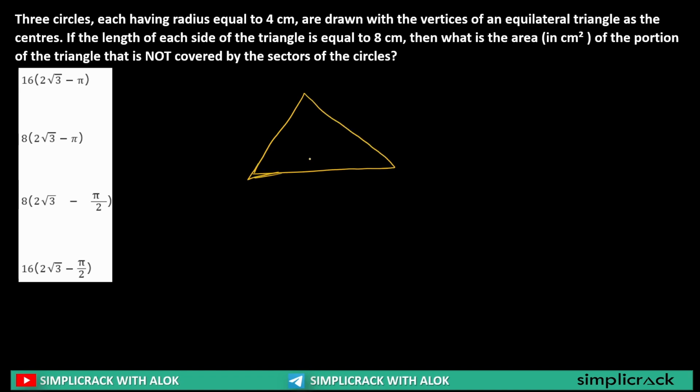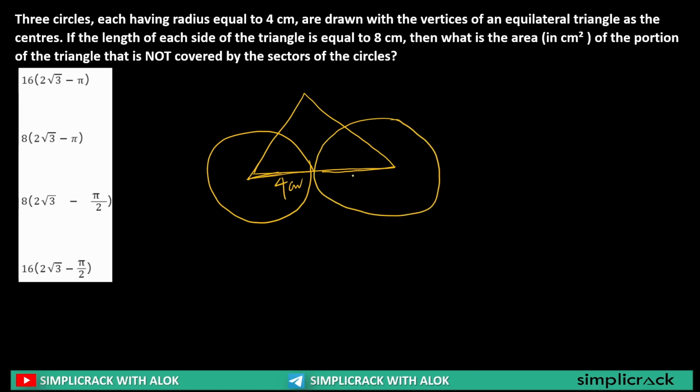Now what it is saying, the circle is being drawn, for example, with radius 4 cm. That is, this is 4 cm, one circle, another 4 cm, another circle. Do not think about this structure, it is quite funny. And the third circle is also 4 cm.